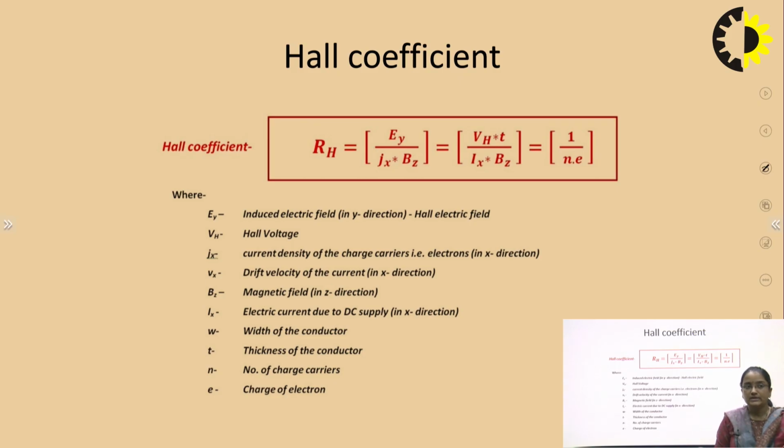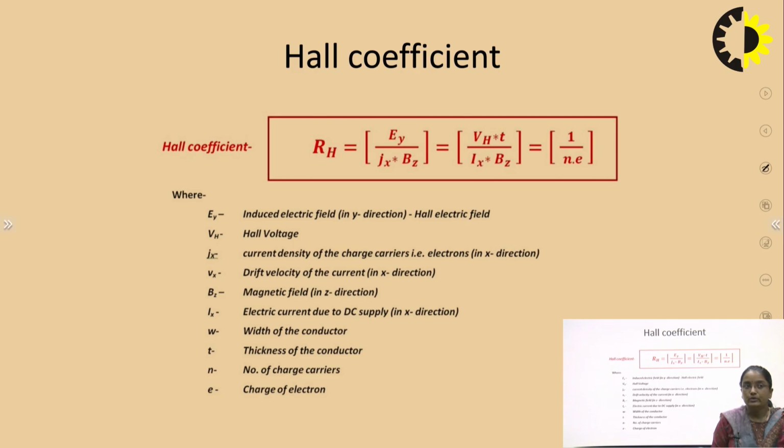The most important thing that we have to remember is that in the case of an N-type semiconductor, the value of RH will be negative. That is signifying that the majority charge carriers that are accumulating at one side of the semiconductor are particularly the electrons.